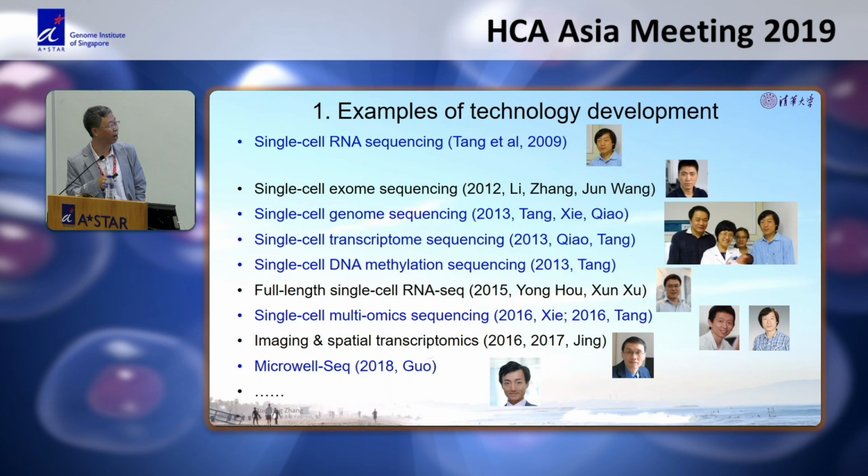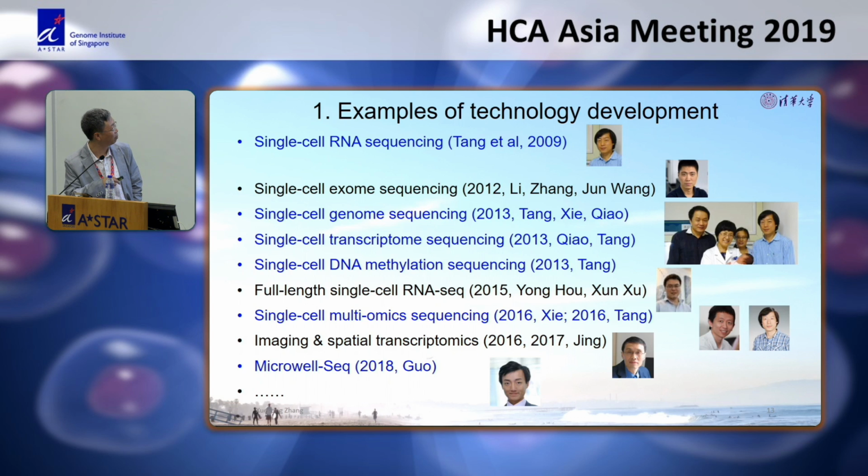And yesterday we heard about the new development at BGI: in 2012 they developed a full-length single-cell RNA-seq, and now they are doing multiple omics single-cell sequencing together.